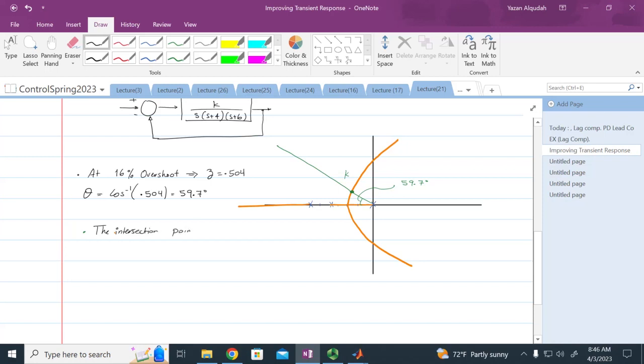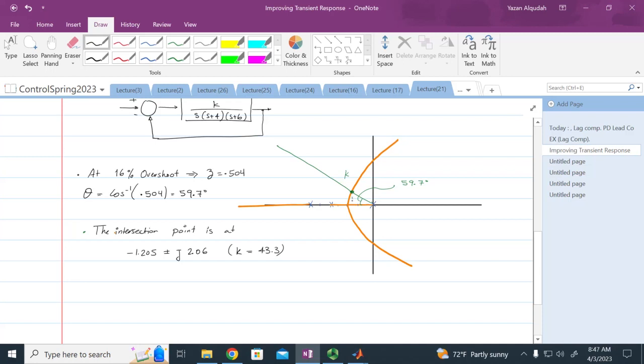And the intersection point is at negative 1.205 plus or minus j2.06. And this corresponds to k equal to 43.3.